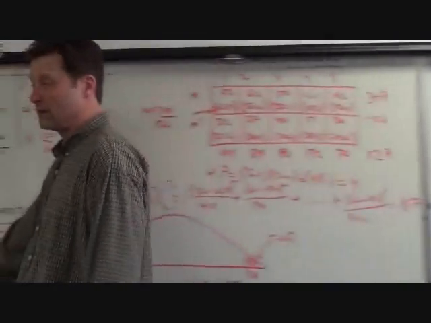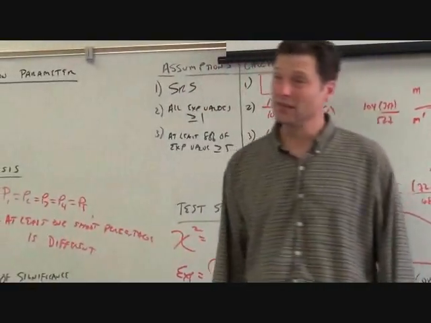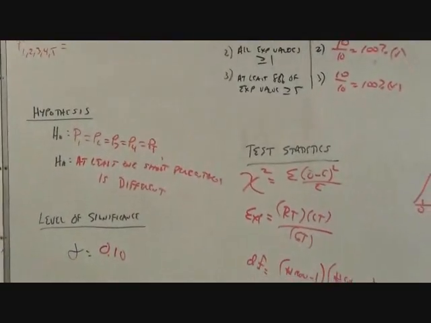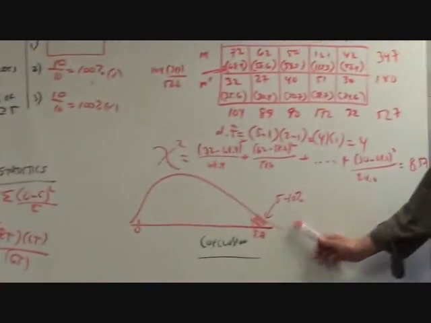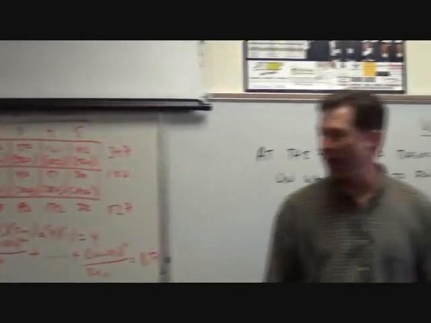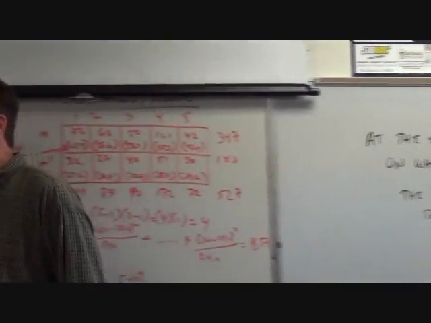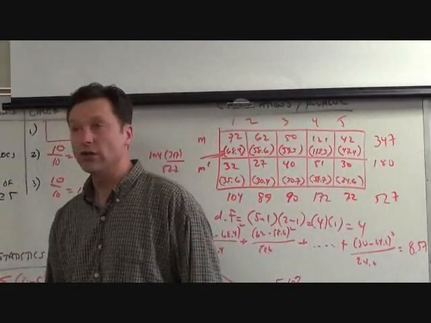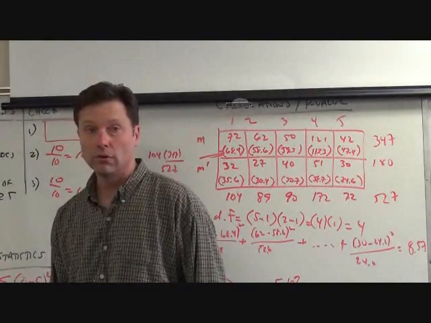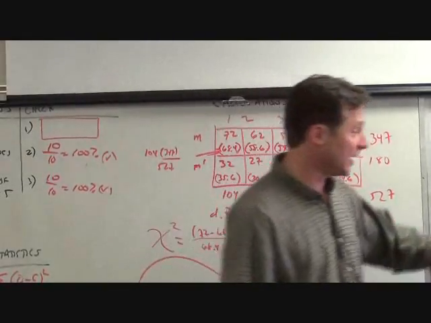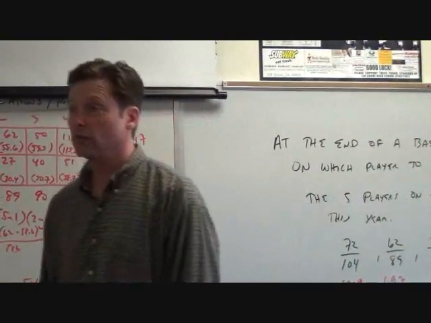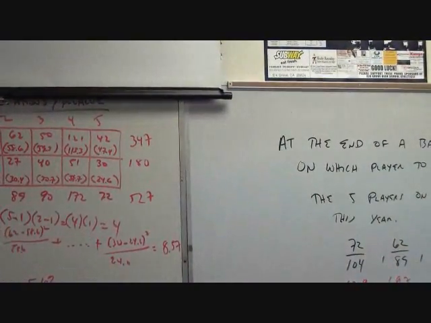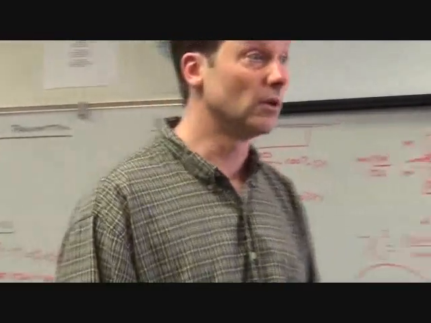If I set it at 10%, I would consider that p-value enough evidence to say at least one of these proportions is different than the others. And then I could take a look at this one against this one a little bit more closely and see if it's significant enough. But at least I know somebody's different.